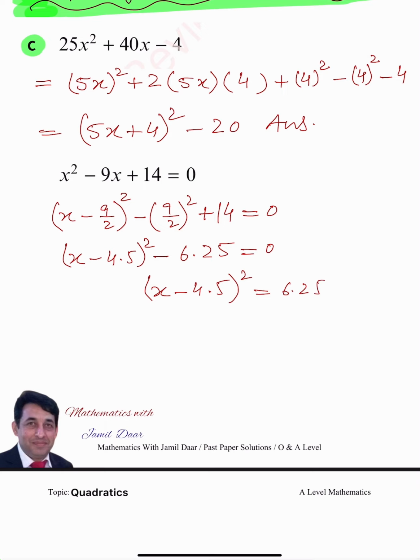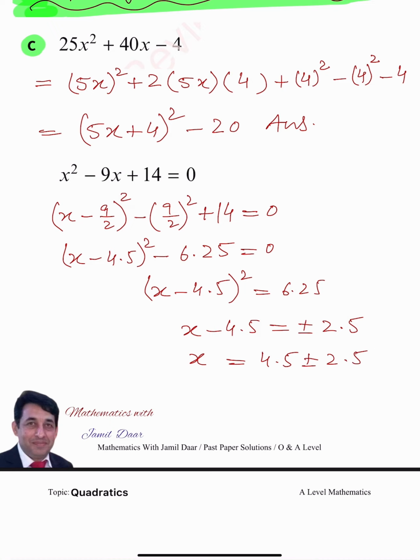And taking the square root on both sides, this will become x minus 4.5 is equal to plus minus, taking the square root of 6.25, this will become plus minus 2.5. And bring this 4.5 to the other side, this will become 4.5 plus minus 2.5.